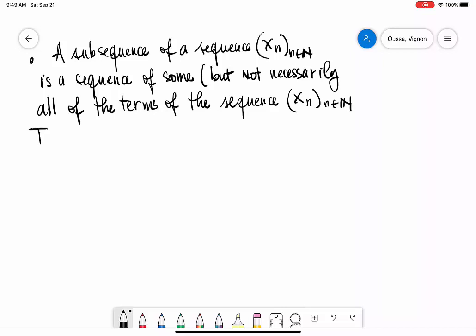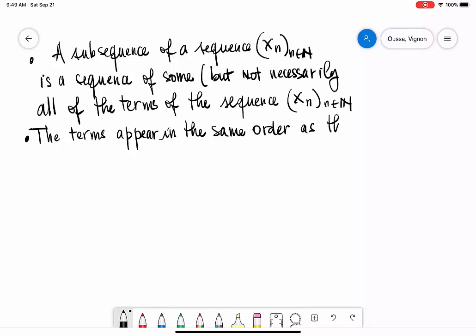Also, based on our informal discussion, the terms appear in the same order as they appear in the parent sequence.